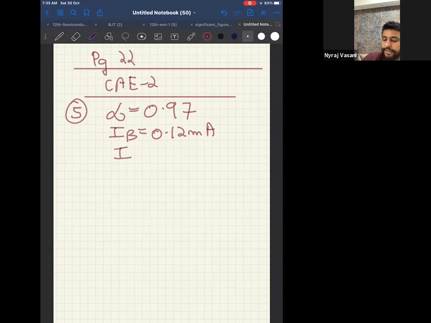Calculate the collector and emitter current. This is the data given. Therefore, the current gain alpha is 0.97. IB, that is base current, is 0.12 milliampere. You have to find the other two. Start.